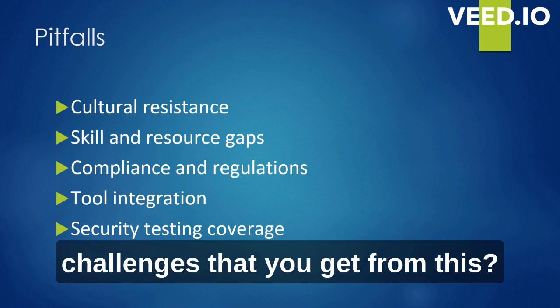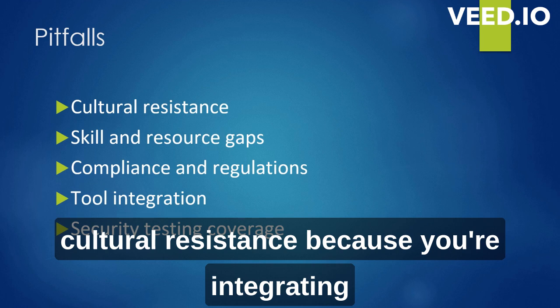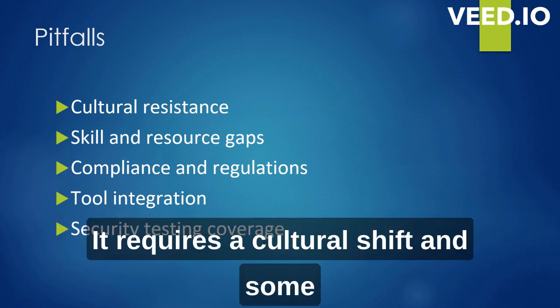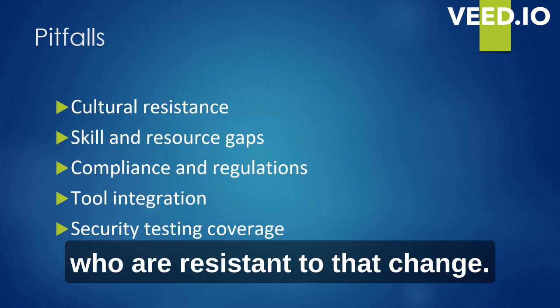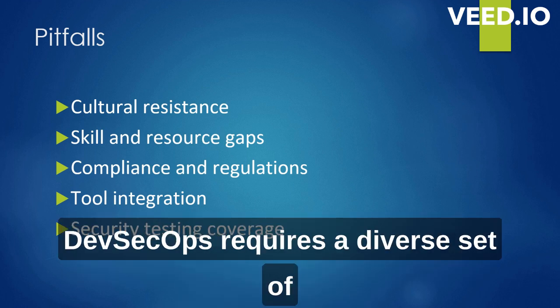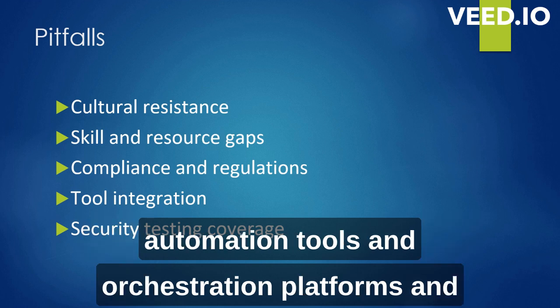So what are some of the challenges that you get from this? Well, you can experience cultural resistance. Because you're integrating security into the DevOps process, it requires a cultural shift, and some organizations can encounter resistance from team members who are resistant to that change. Another one is skill and resource gaps. DevSecOps requires a diverse set of skills and resources, including security expertise, automation tools, and orchestration platforms.